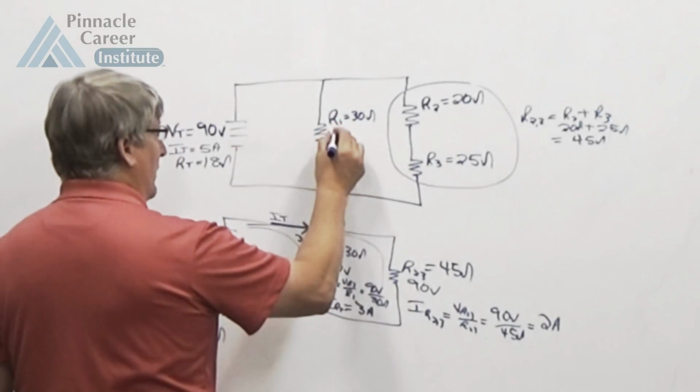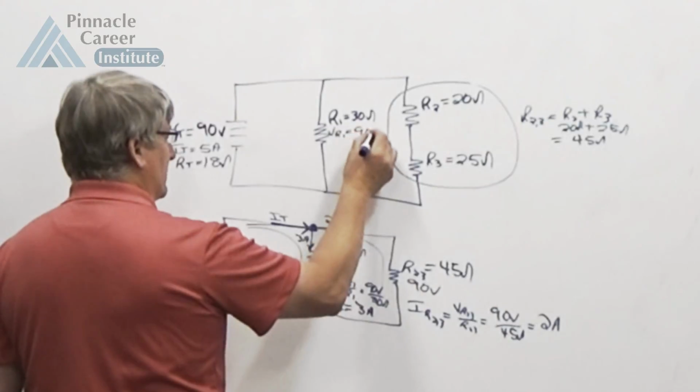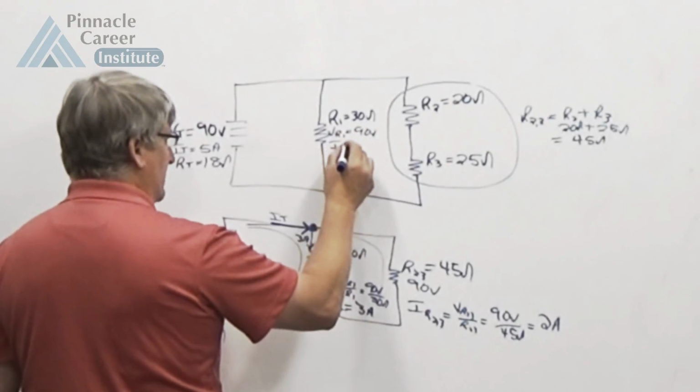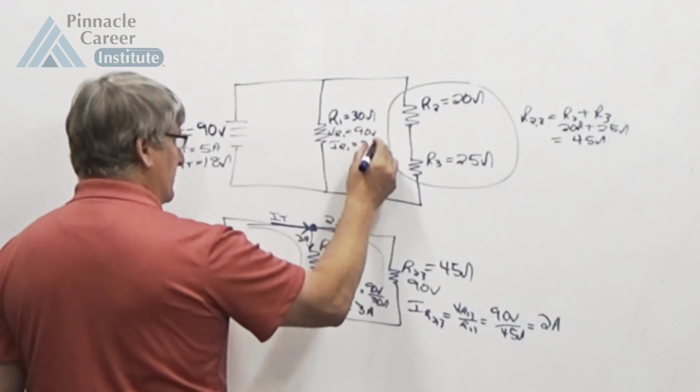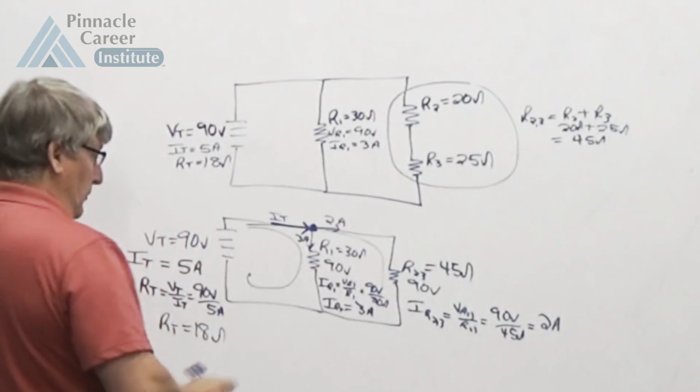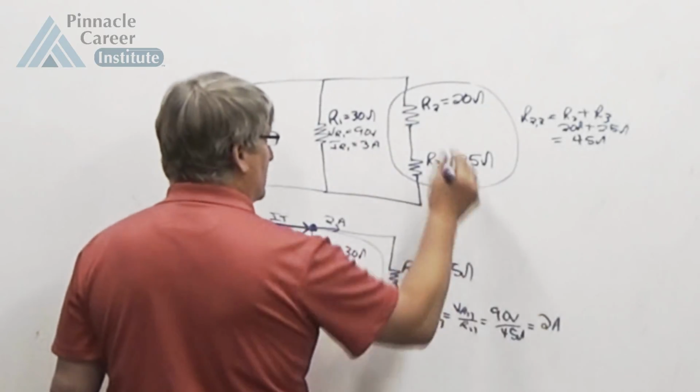Because we know VR1 equals 90 volts, and I know IR1 is equal to 3 amps. But we haven't solved these yet, but we do know the current going through them. The current is 2 amps.